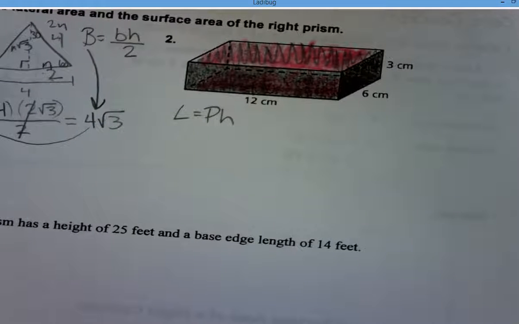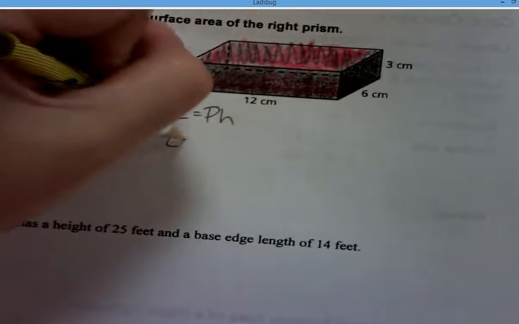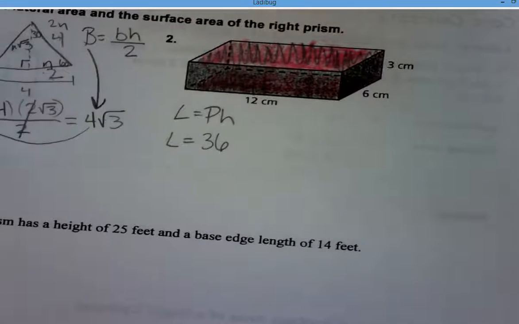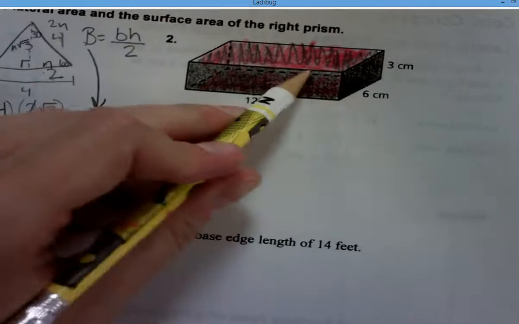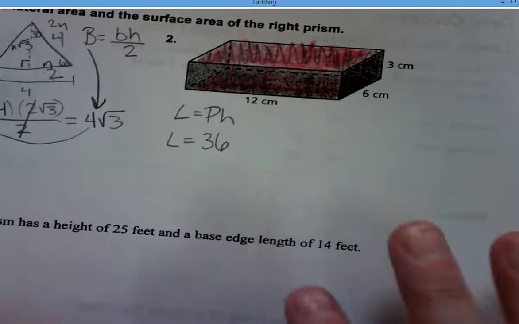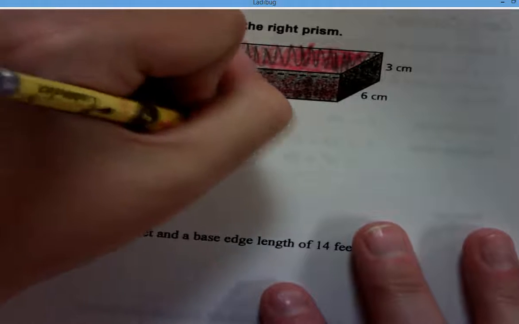The perimeter of the bases on Big Ideas is going to be the top rectangle and the bottom rectangle. Just warning you. So the perimeter of this one down here is 36. I can't count. Okay. Because it's 12 plus 6 plus 12 plus 6, which is 36. And then the height, how far apart are the bases? Typically it's going to be the number you haven't used yet. It's also how far apart the bases are. So they're 3 units apart.